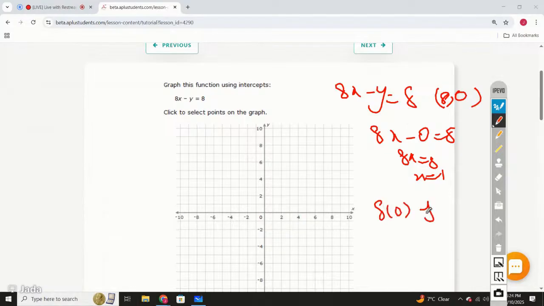That is 8 times 0 minus y equals 8. So y is equal to negative 8. So we have another point, that is when x equals 0, y equals negative 8. Just plot these 2 points on the graph, (1, 0) and (0, negative 8), and join these 2 points to make a line. Got it?